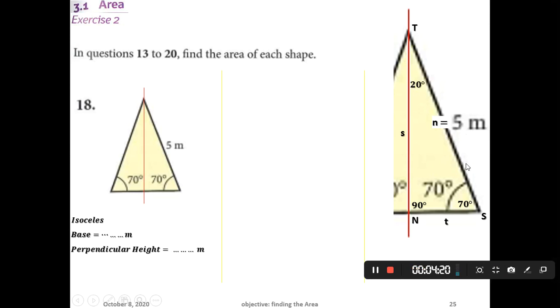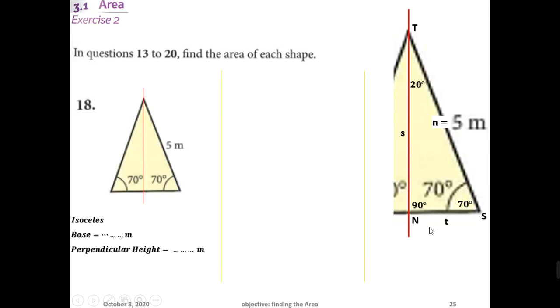So, if I start with side T small over sine of angle T capital. Side T is unknown, angle T is equal to 20. So it's going to be T over sine 20.